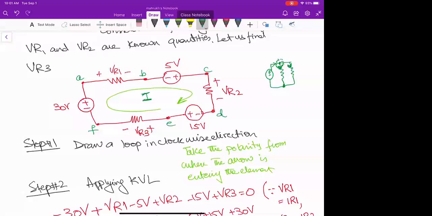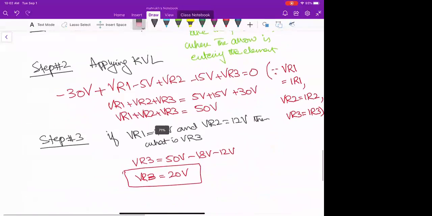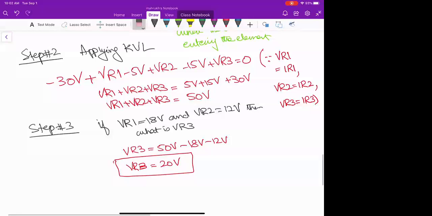But in this case, all the elements are connected in such a way that one current is flowing in all of the circuit. There is no branch in between to divide the circuit, okay? So in such a circuit, we are just taking one I and trying to write the equation. Is it clear a little bit?